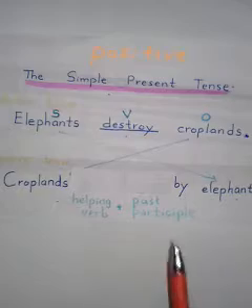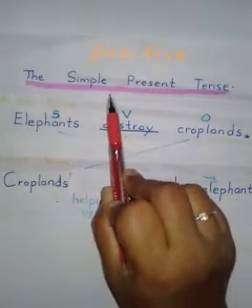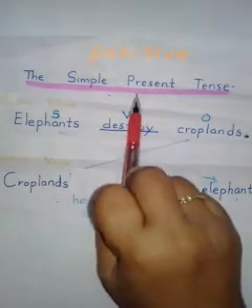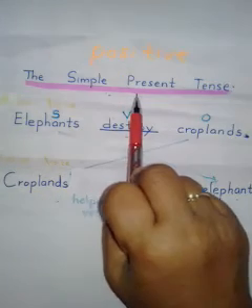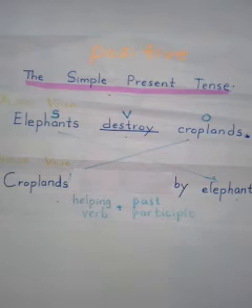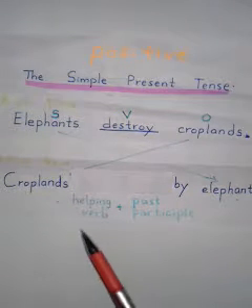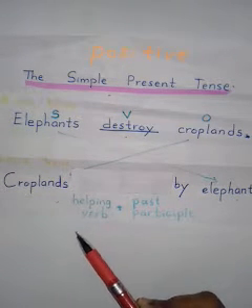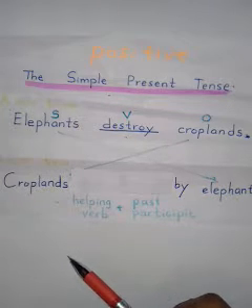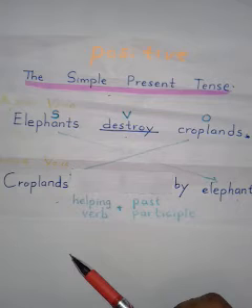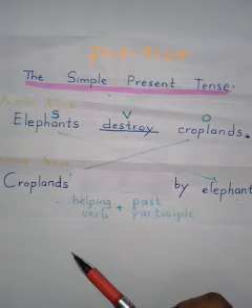Now, because this belongs to the present tense, the helping verbs are am, is or are. ආධාරක ක්‍රියාපද වෙන්නේ am, is, එහෙමත් නැත්නම් are.